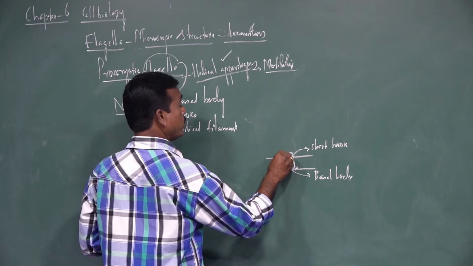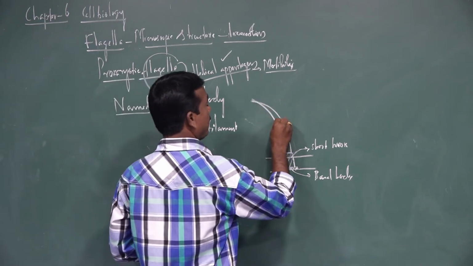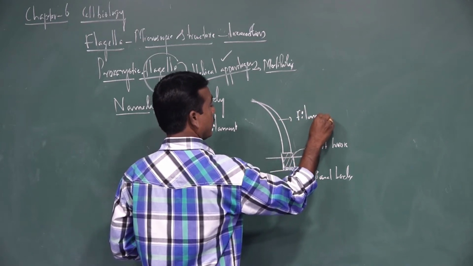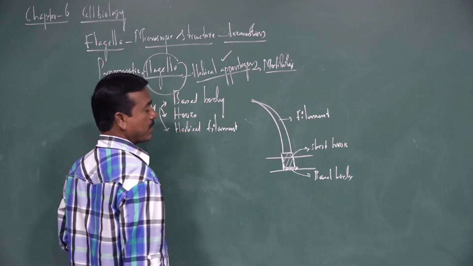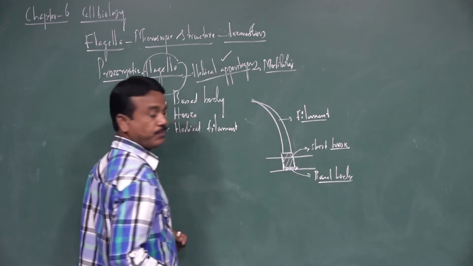The short hook bears the helical filament, which is commonly called the filament. There are three structural parts present, namely basal body, hook and the filament.